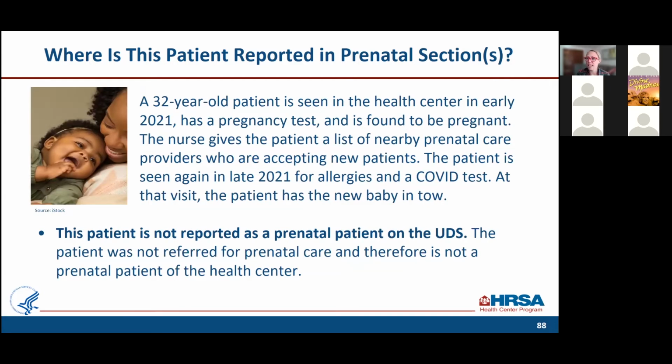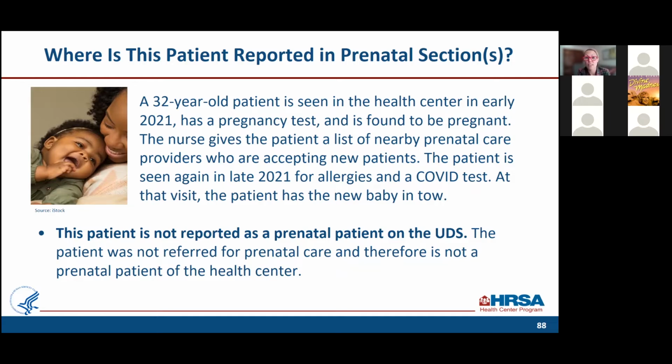Okay, so the second example: the patient, though they were pregnant and had a baby, did not receive prenatal services from the health center or its referral network. Remember, they were just given a list of providers that were accepting new patients.